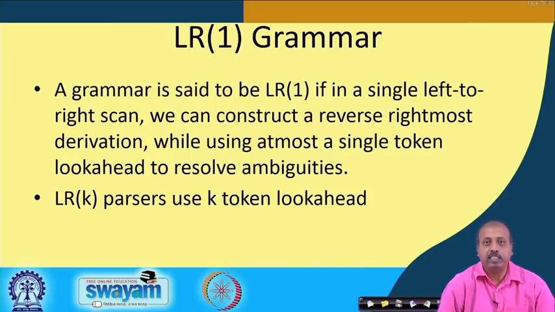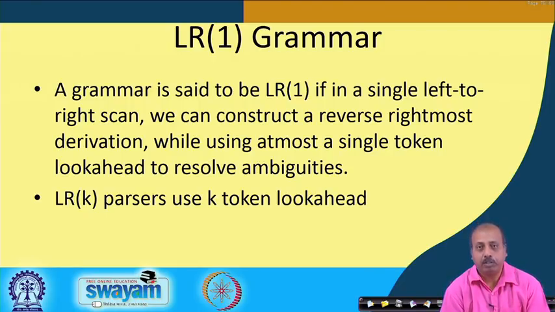In case of LR0, we were not doing any look ahead. In case of LR1, we are doing look ahead by at most one token. You may or may not need to base your decision on the next input symbol. Maybe at the current input symbol only you can take a decision, but in case of confusion, you are allowed to look into the next token and then take a decision.